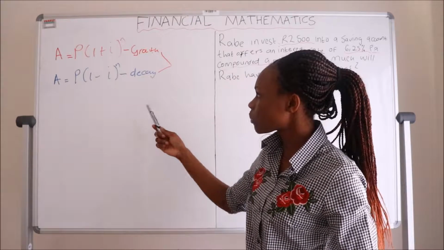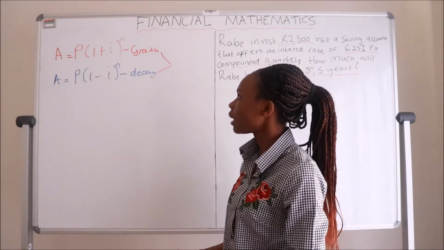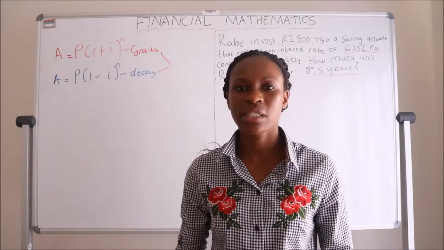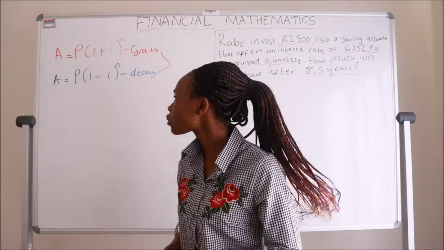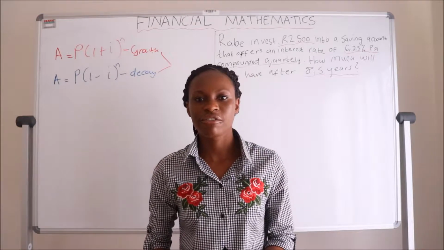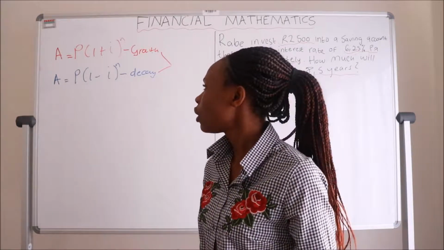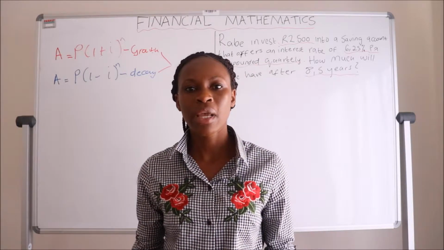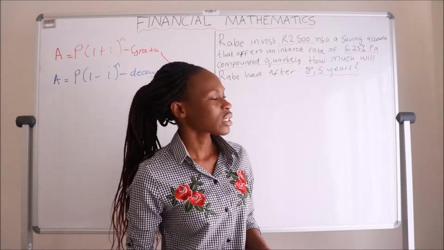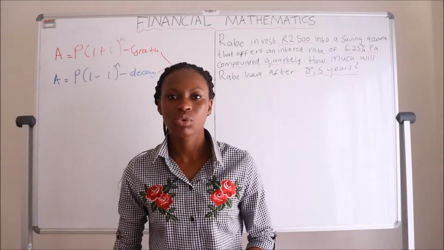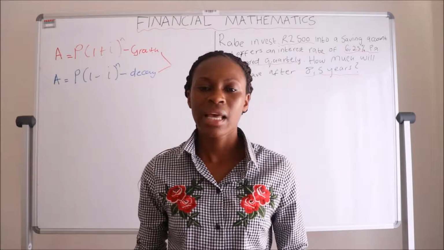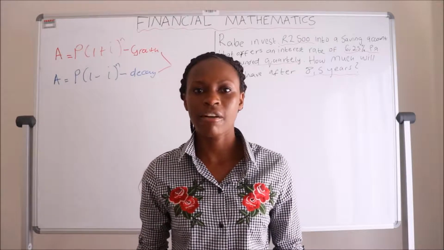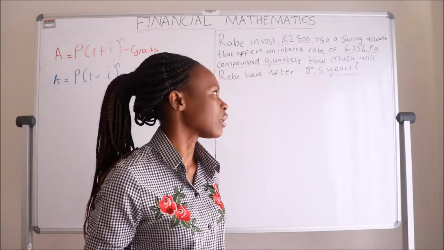I also explained two equations: the compound growth, where the investment increases, and the compound decay, where the investment depreciates. This method is also called the reducing balance method. We'll jump into a question so you understand more about how the different compounding period affects investment in financial mathematics.